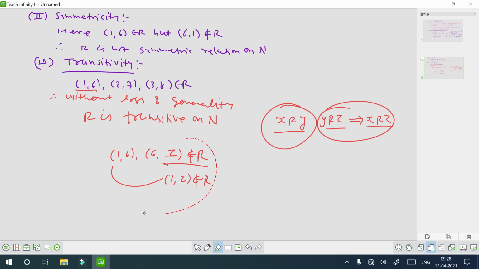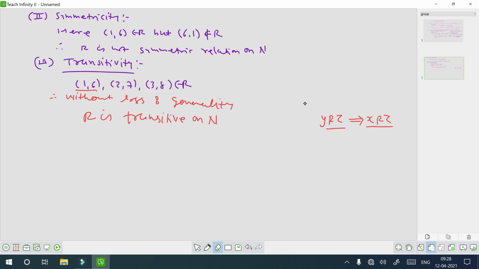But here only one condition is given to us, so we have to accept without loss of generality that the relation is a transitive relation. Clear? This type of sum is seen.